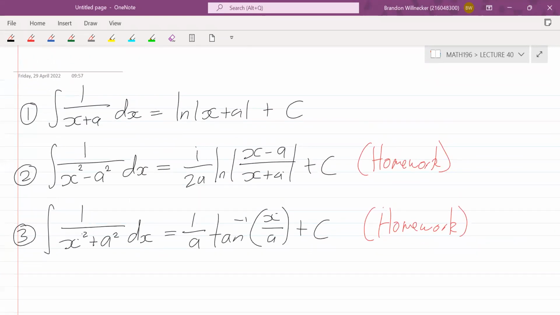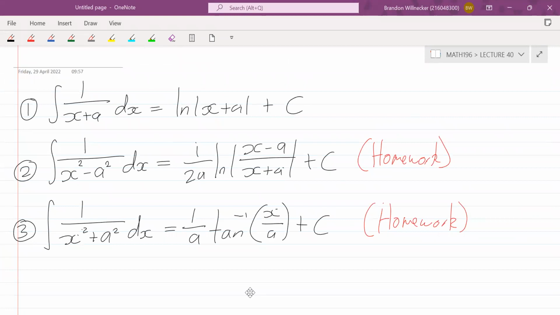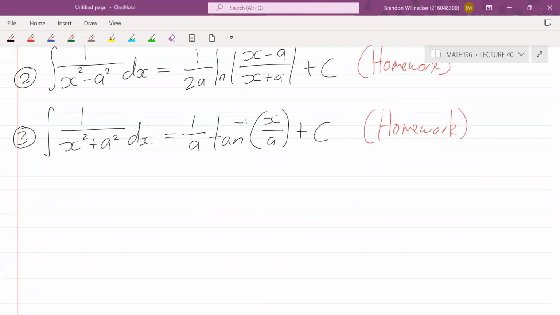And okay, so those are some integrals that are quite useful. So please remember these and then try number 2 and 3 for homework. You can get some bonus marks for that. Okay, and then we've got 2 homework exercises.